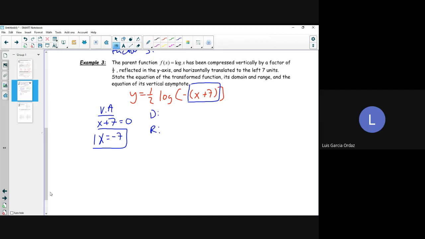Nope. The range is y ∈ ℝ. Thank you, Bozola. And Jose, thank you for giving us the domain.